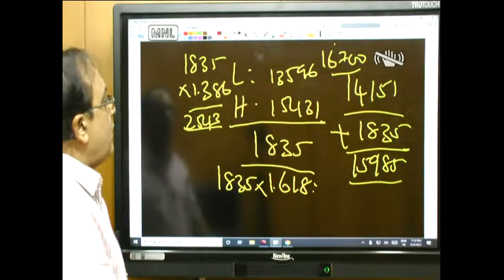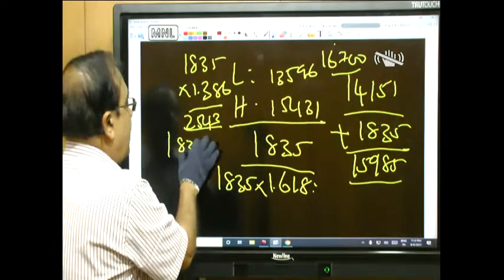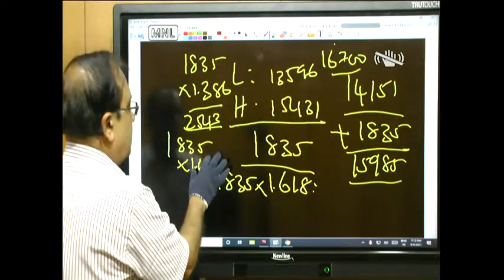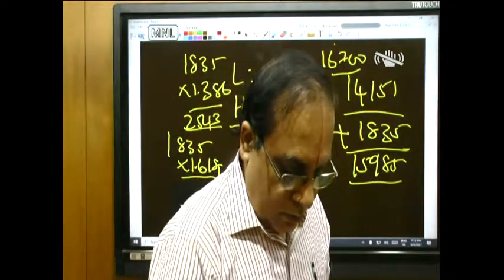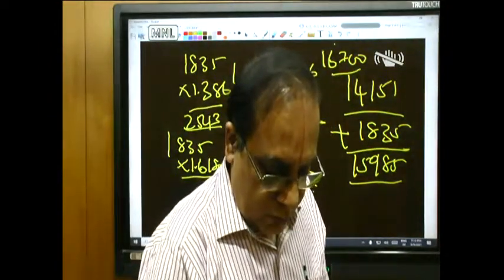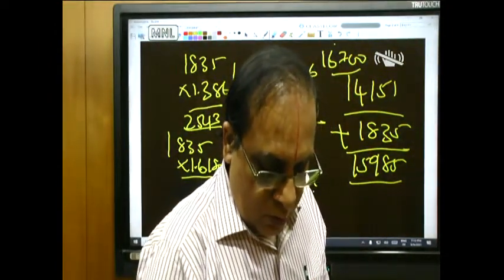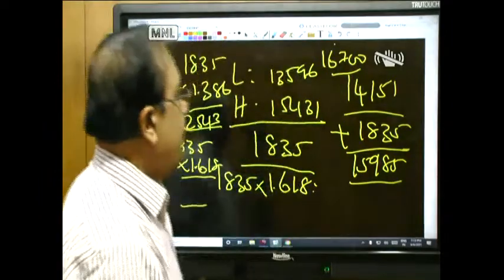Then is the 1.618, 1,835 into 1.618. So let's look at what this calculation is. This is 2,969.